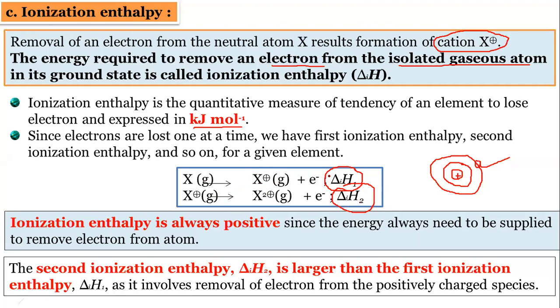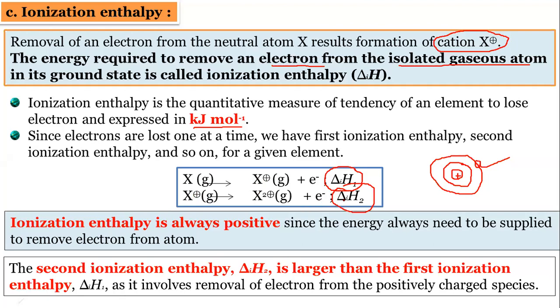The amount of energy required to remove the first electron is less, but the amount of energy required to remove the second electron is more, because the first is neutral and this is positively charged, and the energy required to remove an electron from a cation is always more because it is already stable.